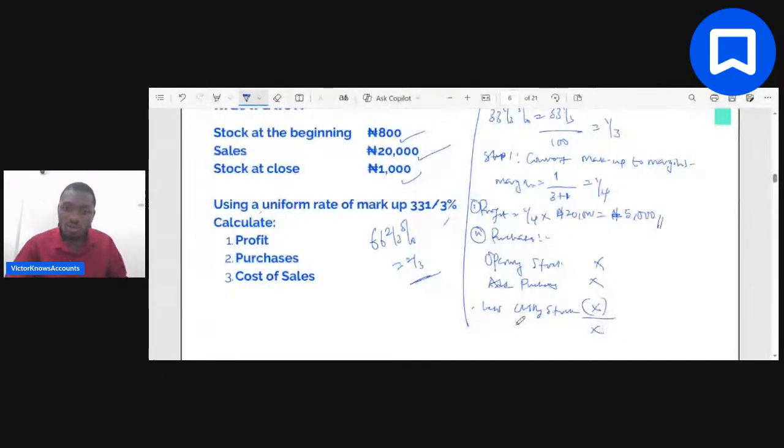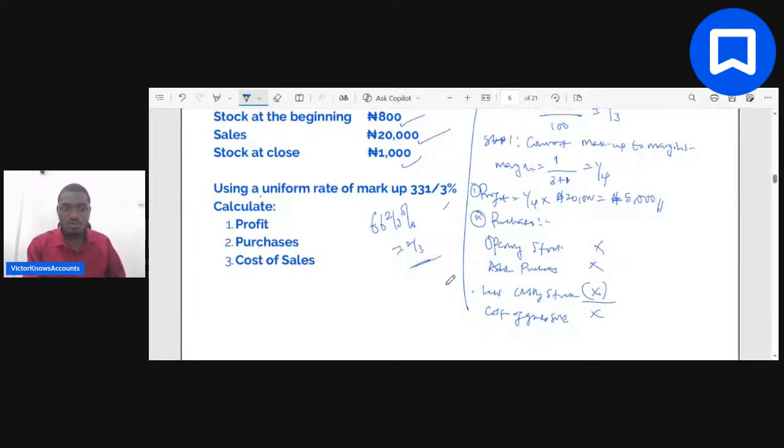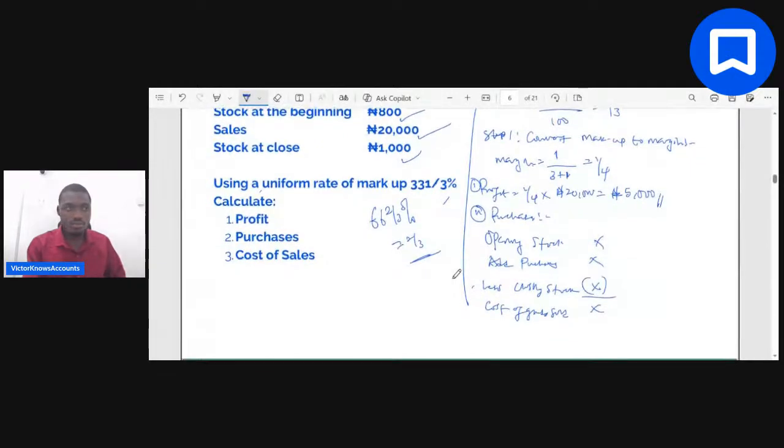This will now give you cost of goods. So your cost of goods is the same thing as cost of sales. Are we together?